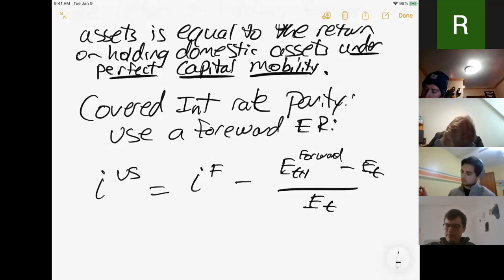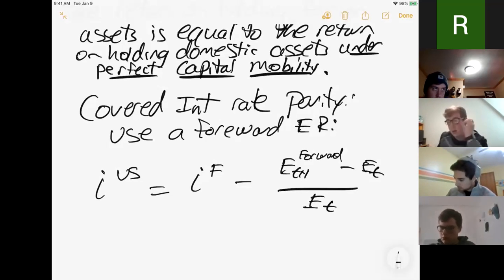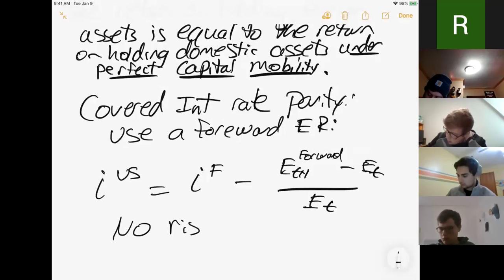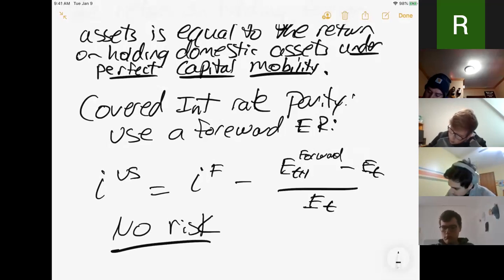We all know what we mean by a forward exchange rate, right? I mean, basically an option. So let's say that you were going to invest your money in Japan. You could buy the Japanese asset and at the same time purchase a forward exchange rate, a foreign option that guarantees you an exchange rate in the future. In this case, there's no risk because you've eliminated the risk by buying into a forward exchange rate.